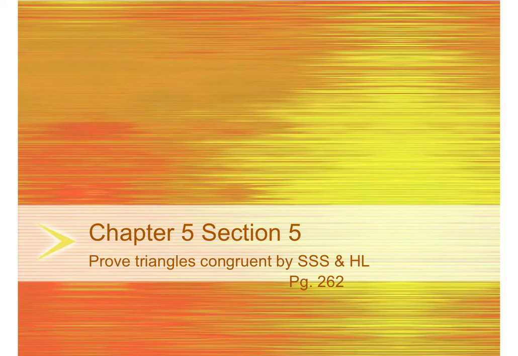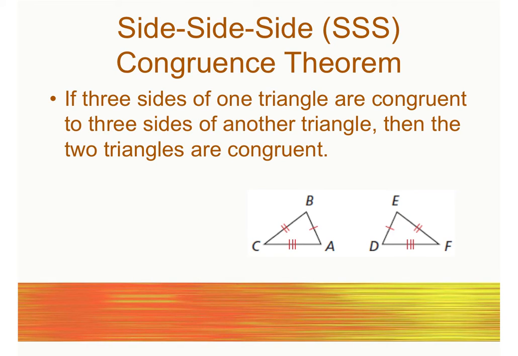So in chapter 5, section 5, do you remember how we used SAS? We're using two new ones now, side, and hypotenuse leg. Now, side congruence theorem is super easy. It's saying if three sides of one triangle are the same as three sides of another triangle, then those two triangles are congruent. And that makes sense, right?